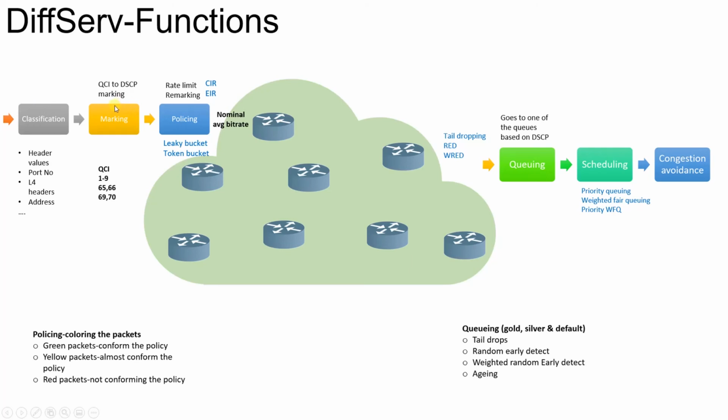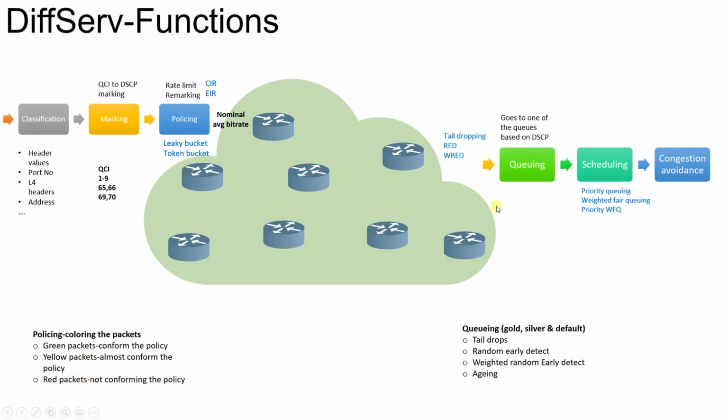You have to specify the DSCP values for different services, and tell what kind of algorithm to use in the policing, either leaky bucket or token bucket, and specify the CIR and EIR values in the policing. Then in the policing, you have to color the packets based on whether they conform to the policy or not. You have to specify the green, yellow and red packets.